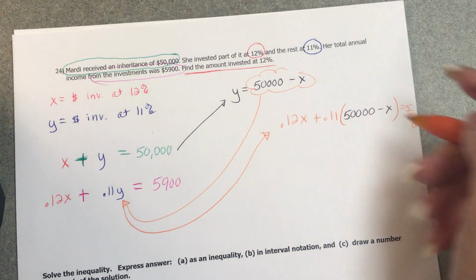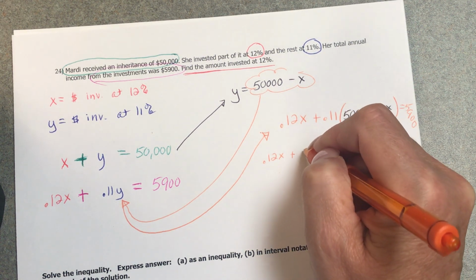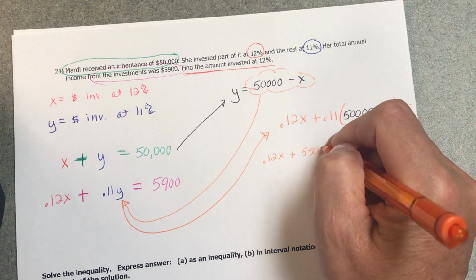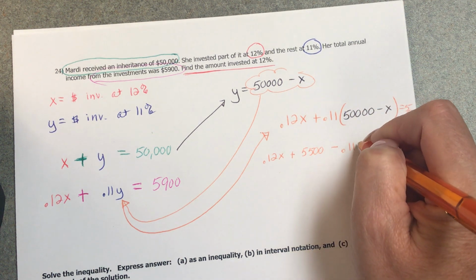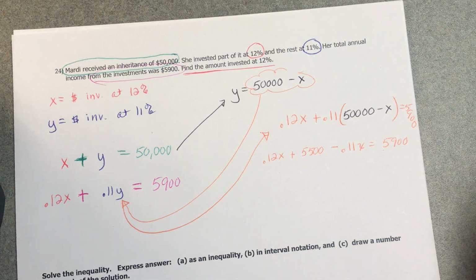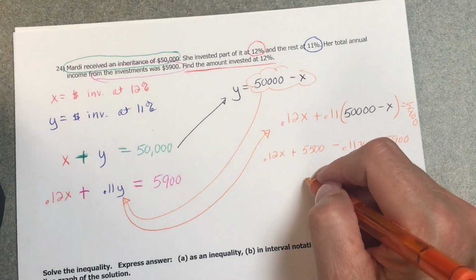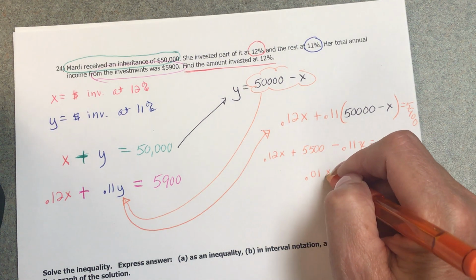All right, so I'm going to distribute. I'll have 0.12x plus 5,500 minus 0.11x equals 5,900. And then I'm going to combine like terms. That's going to give me 0.01x.